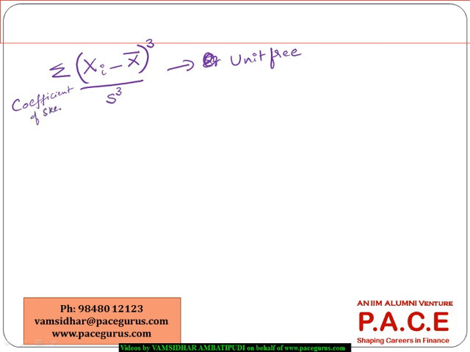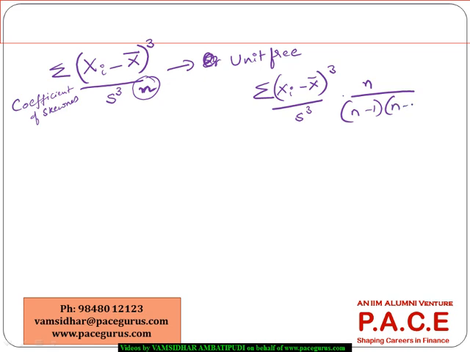Of course, here I have to take the average of the cubed deviations from the mean divided by the standard deviation cubed. But to be more precise, instead of 1 by n, the actual formula says this multiplied by n divided by (n minus 1)(n minus 2).